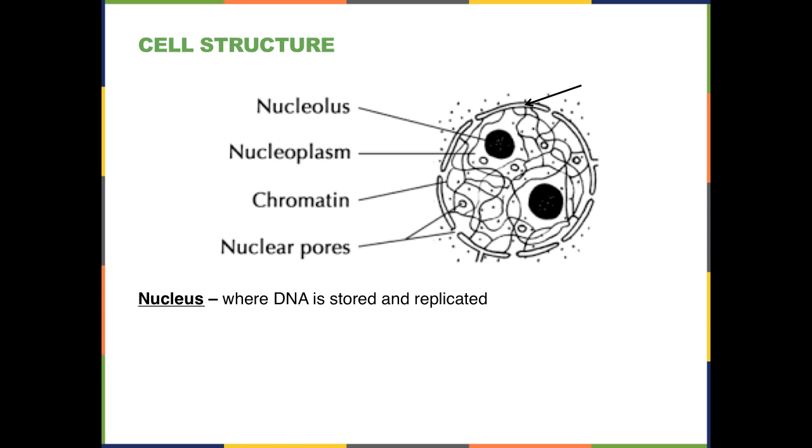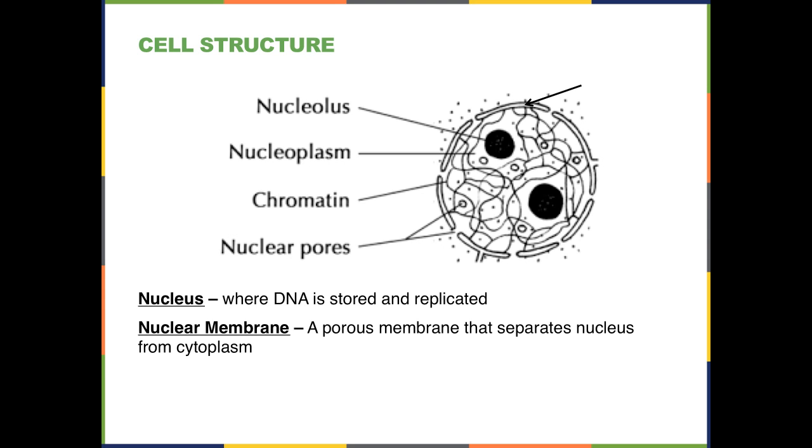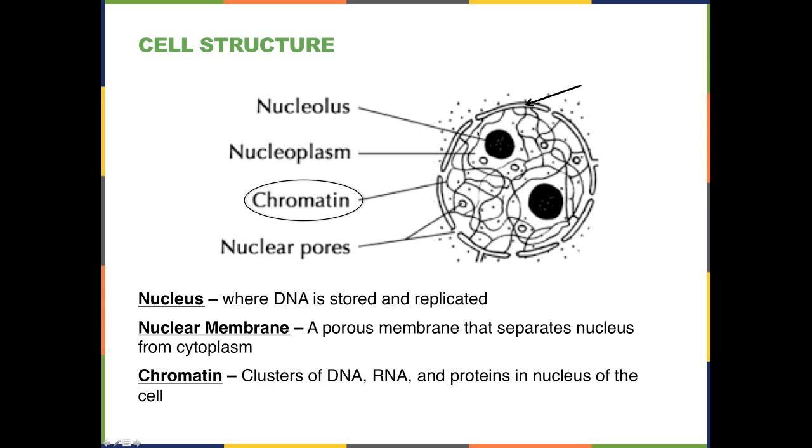And on the outside of the nucleus is what's known as the nuclear membrane. This membrane is quite porous. It separates the nucleus from the cytoplasm, but it has many holes that allow for the movement of things such as RNA in and out of the nucleus.